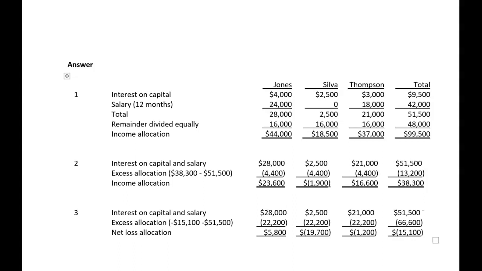So 15,100 plus 51,500 gives you 66,600, and that results in a negative 22,200 for each of the partners. Jones winds up with a plus 5,800, Silva minus 19,700, and Thompson minus 1,200.